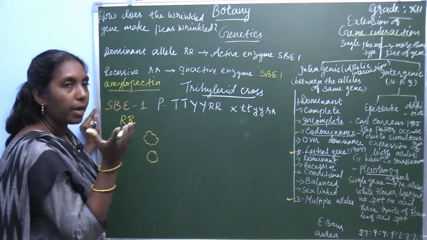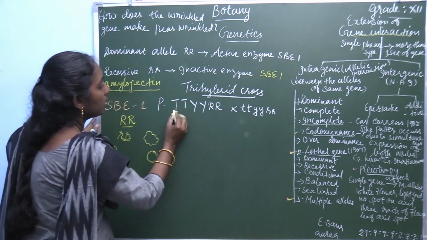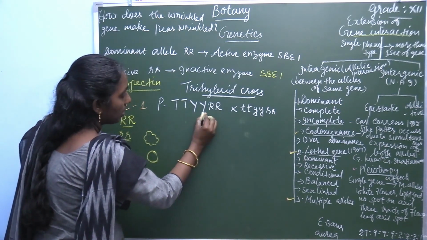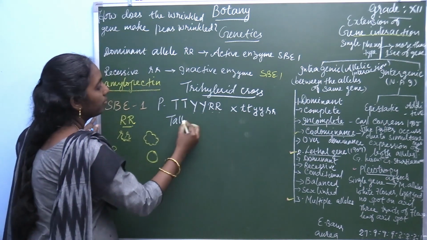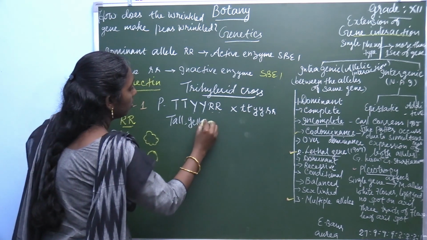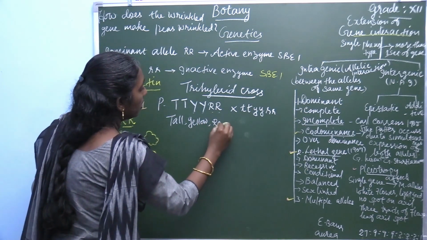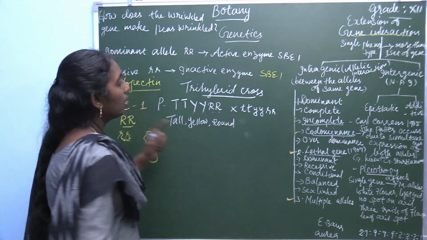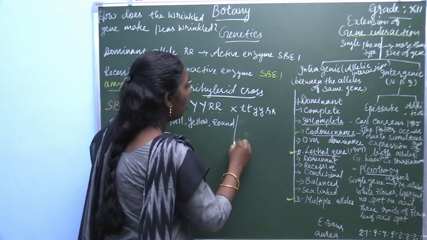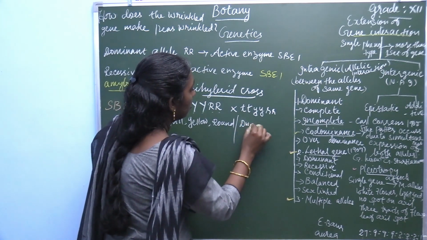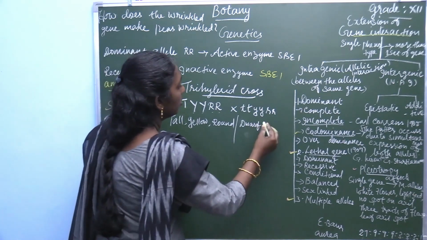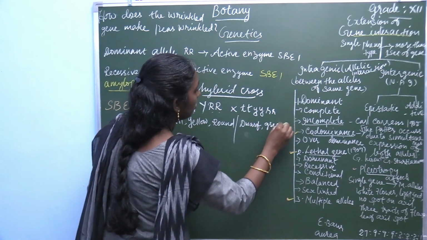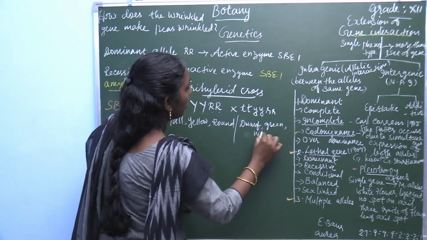These are three pairs of contrasting characters. This is one pair, second pair, third pair. This is tall, yellow, round. Here this is dwarf, green and wrinkled.